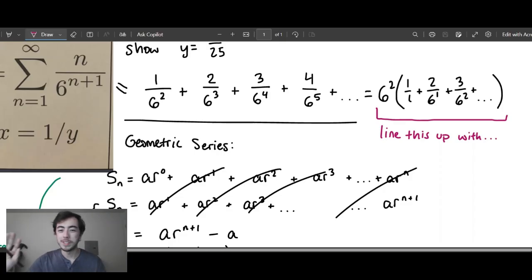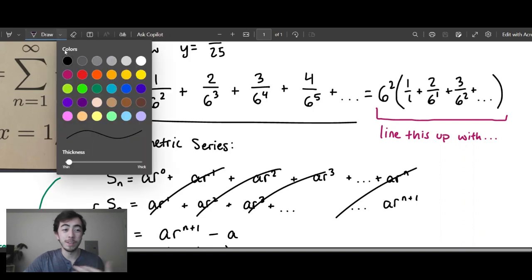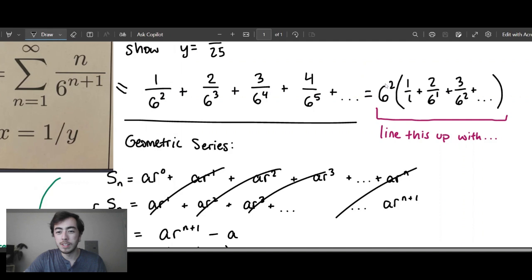Okay, I found it. When I factored out a 6 squared from this original series, y is equal to this series from earlier, I was factoring it out from the denominator, which basically either needs this to be a -2 instead of a +2 as an exponent, or I need this just to be 1 over 6 squared, or 1 over 36. That way, if you redistribute it, these 6 squareds would go into the denominator of all those fractions.